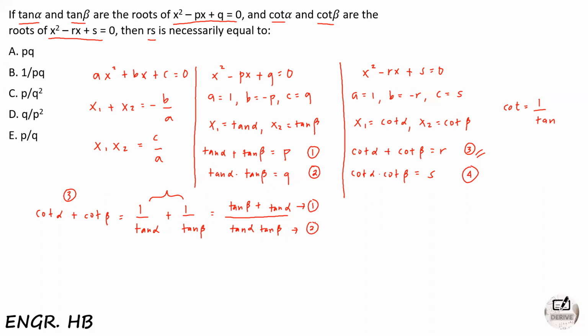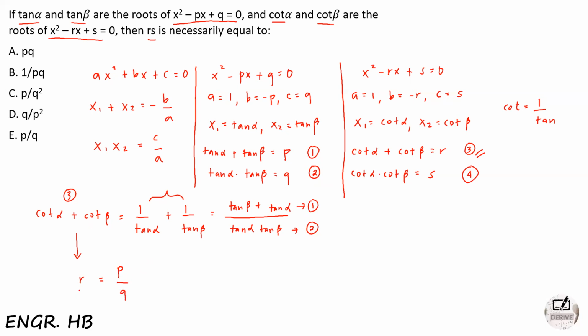So we can form a relationship between equations 1, 2, and 3: cotangent alpha plus cotangent beta is equal to r, and that is equation 1 over equation 2, which is p over q.